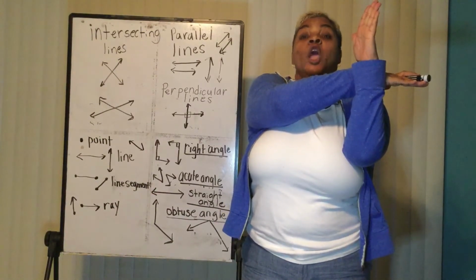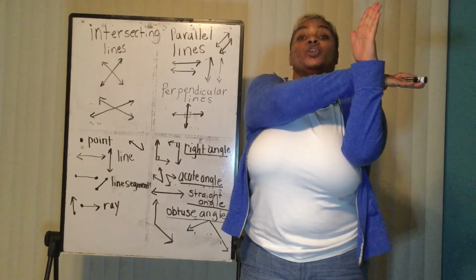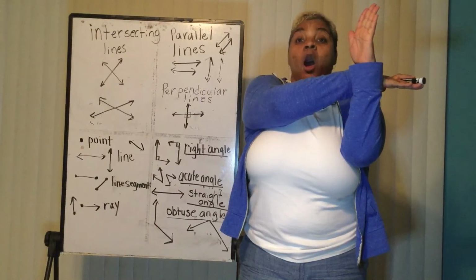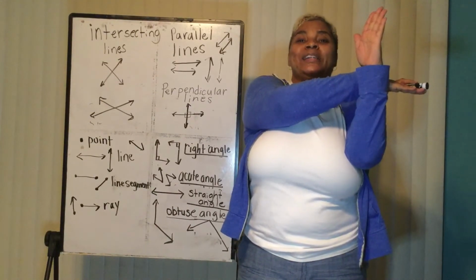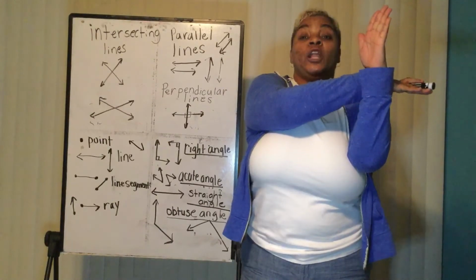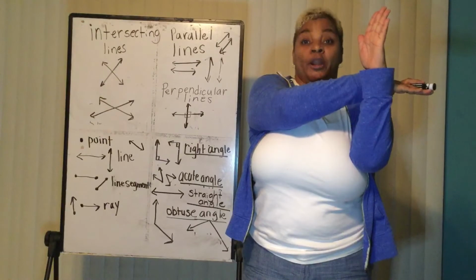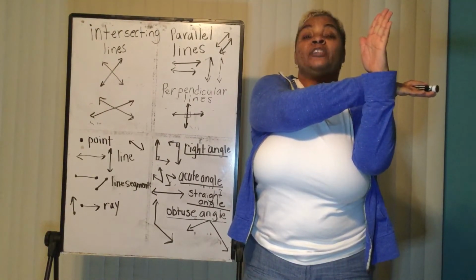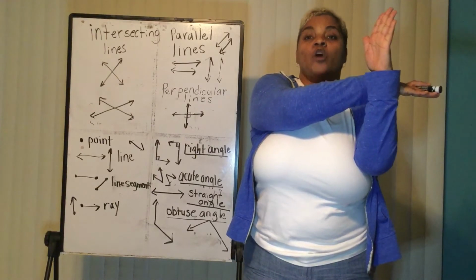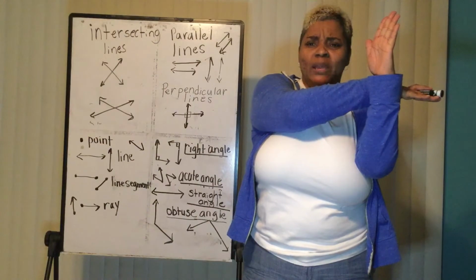Perpendicular, square corners, also known as right angles. Perpendicular, square corners, also known as what? Right angles.